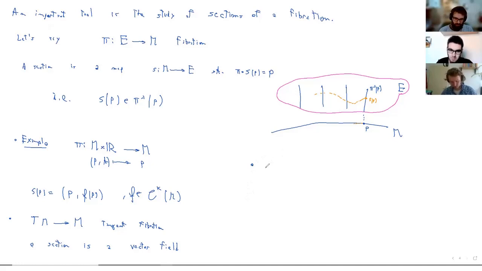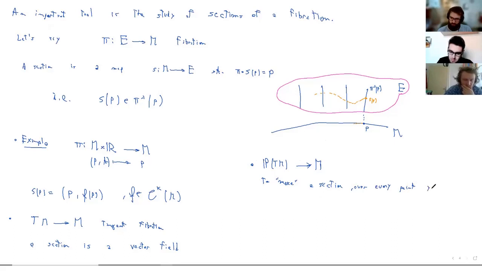Let's look also at PTM for a second. Now it's a bit more complicated, because over every point, to make a section, you don't have to choose just one vector anymore, but you have to choose a direction.